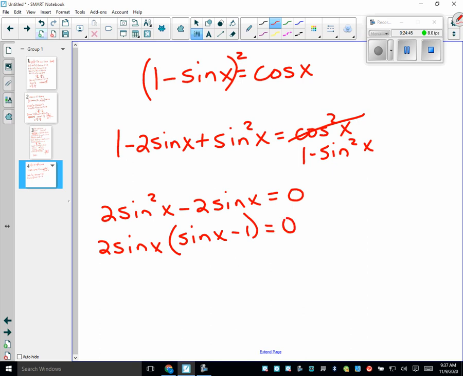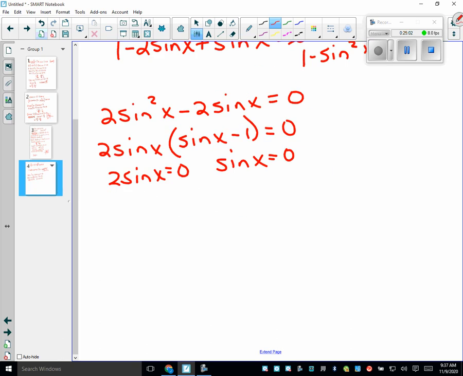Right? You agree? So don't I have 2 sine of x equals 0, or sine of x equals 1? Oh, that should say 1, shouldn't it?